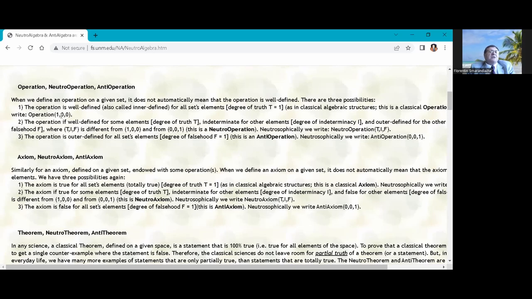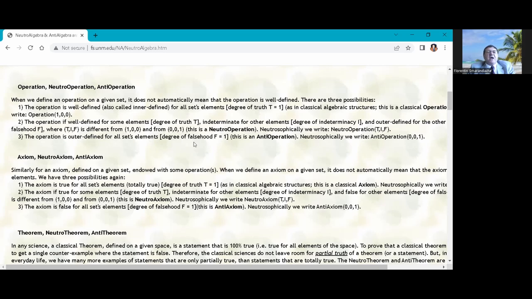We write (1, 0, 0), meaning 100% true, 0% indeterminate, and 0% false. But in our everyday life, many laws, many axioms, and many other things are only partially true, partially indeterminate, and partially false. So we call such operations neutral operations.